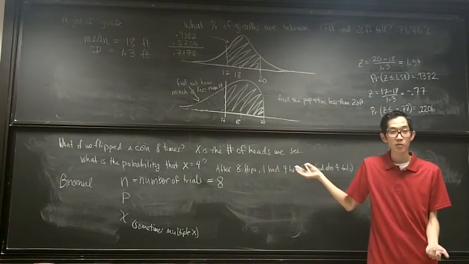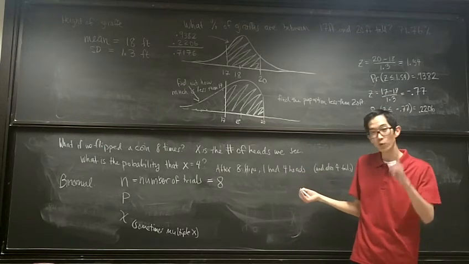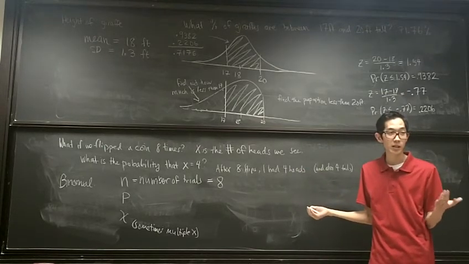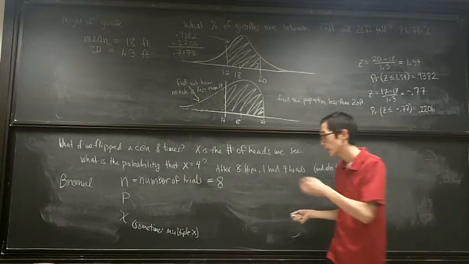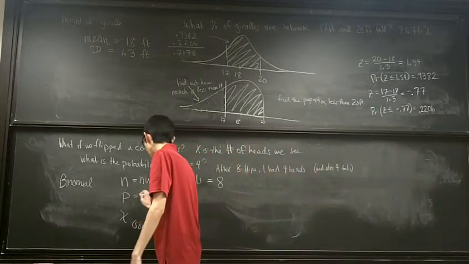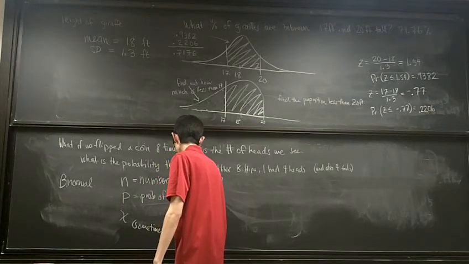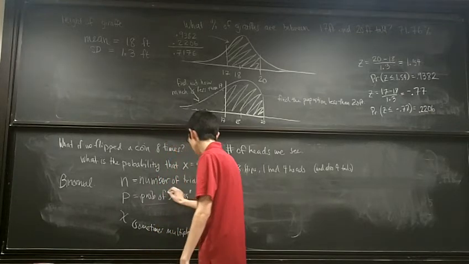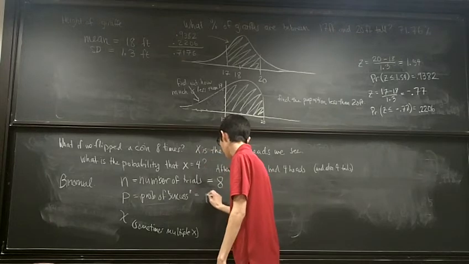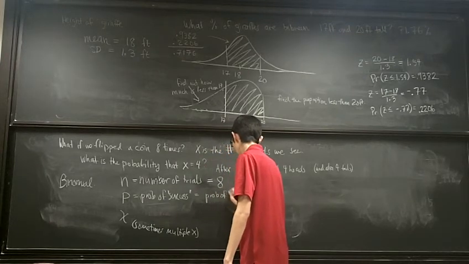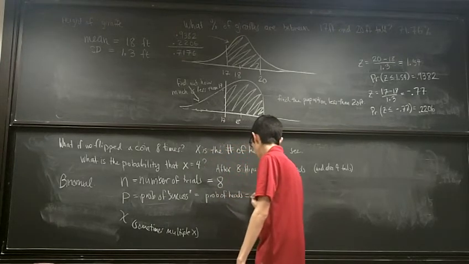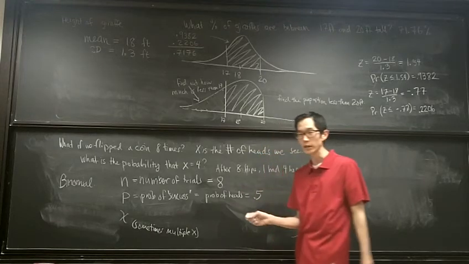So for one coin flip, what's the probability I get heads? 0.5. So p is the probability of success, and in that case it's the probability of heads on one coin flip, which is 0.5.